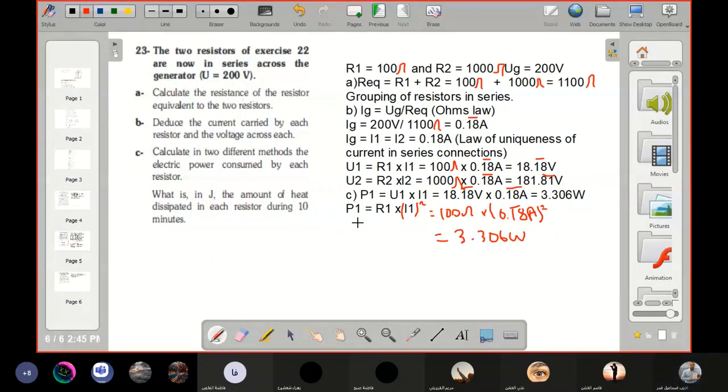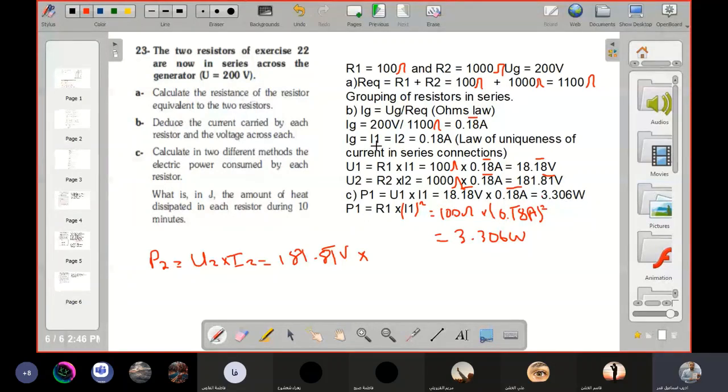P2, the same for P2. P2 equals U2 times I2. U2 is how much? 181.81 volts times I2.